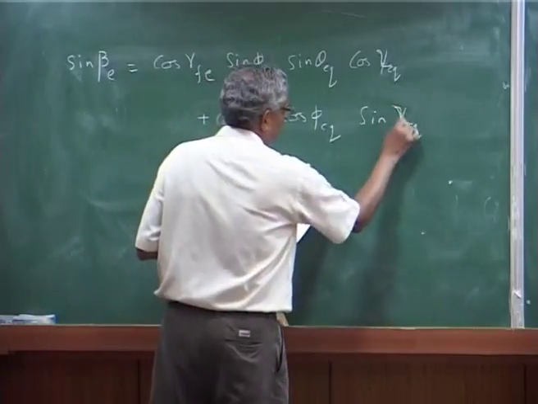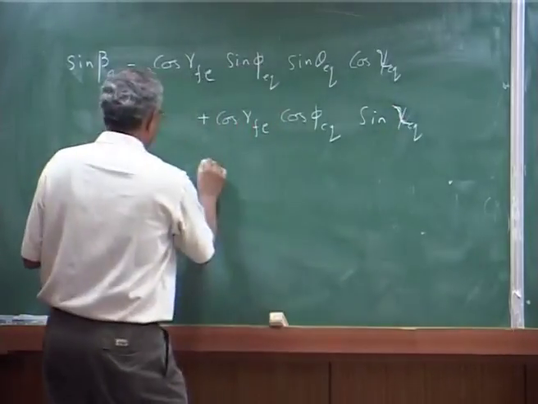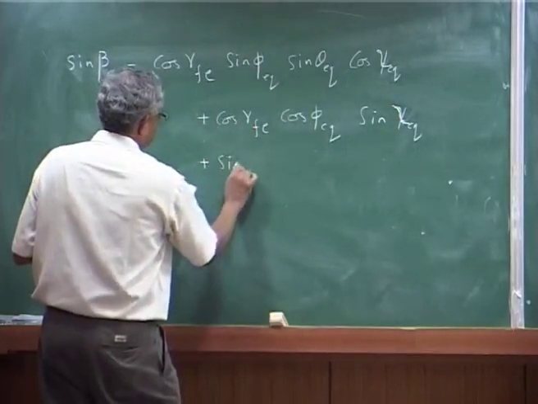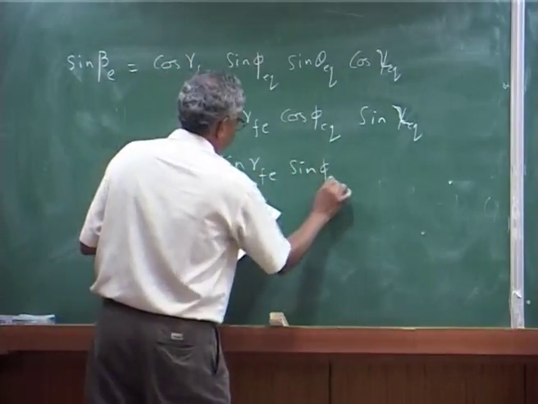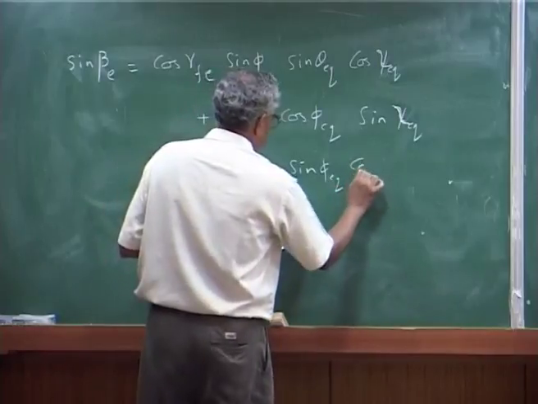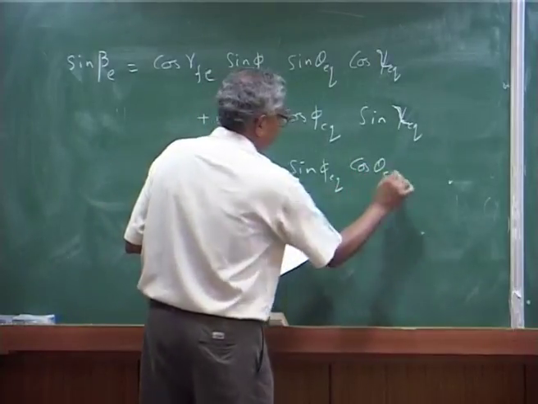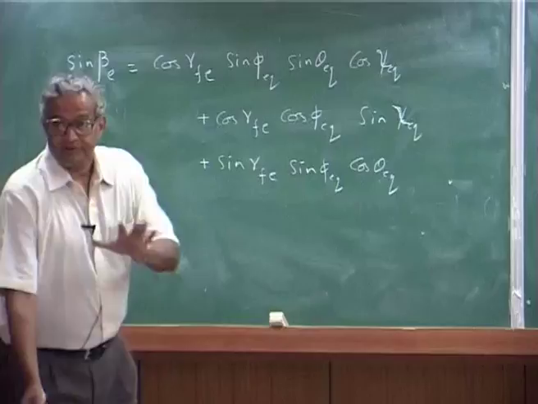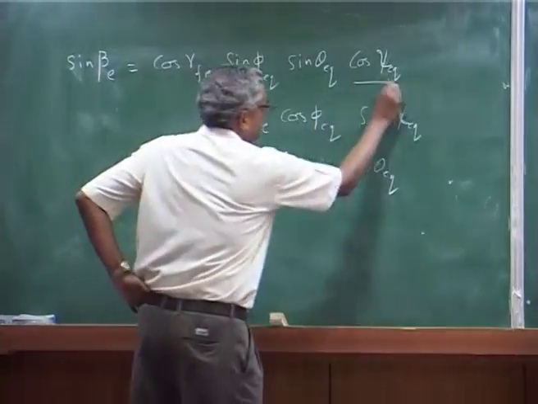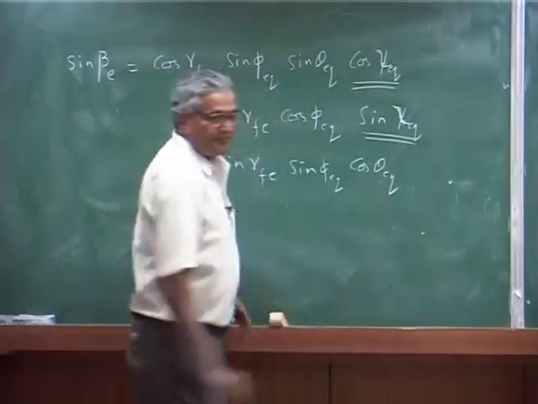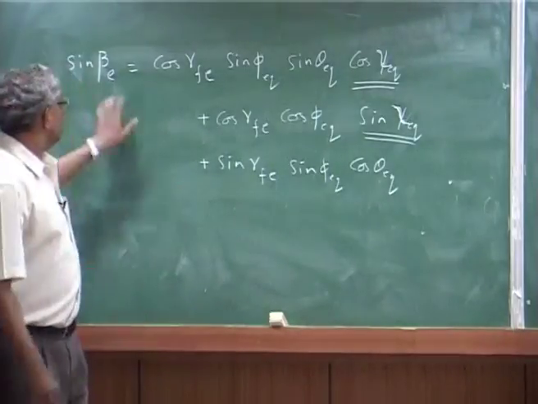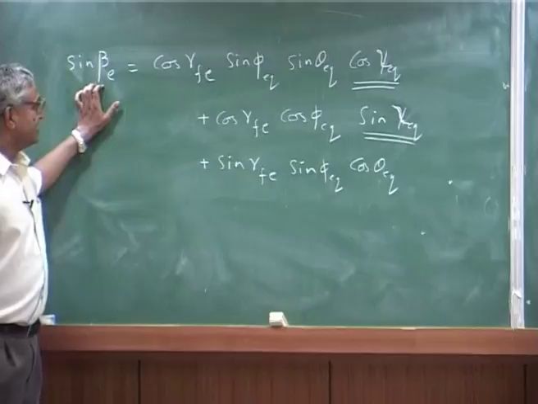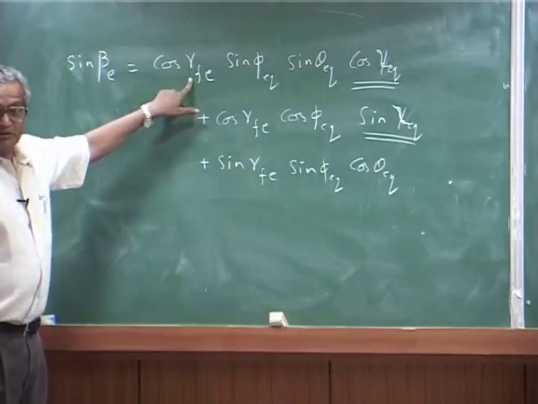Maybe I should put it, okay, plus sin gamma Fe sin phi equilibrium cosine theta equilibrium. Please note that here, okay, what I will do is, I know this quantity, I know.